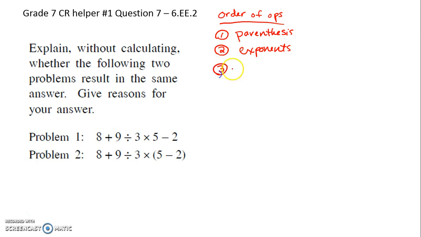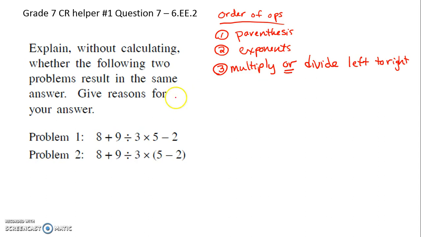The third step is you multiply or divide left to right. It's important for you to realize this is where some students go astray. Some students think they have to multiply before they divide. That is not true.